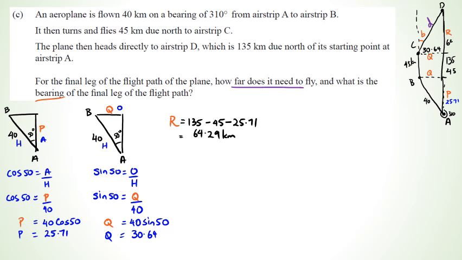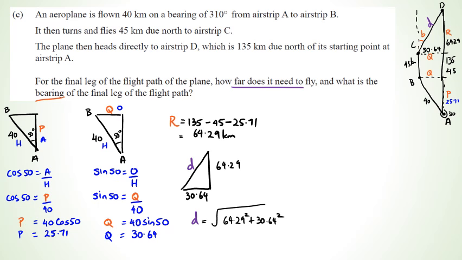So R equals 64.29, which means now I can figure out what D is, because I can use that next triangle where this is 64.29, this is 30.64, and D is the distance it travels from airstrip C to airstrip D. So here I could say that D is equal to the square root of 64.29 squared plus 30.64 squared.